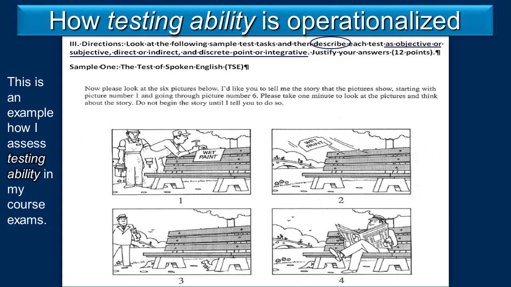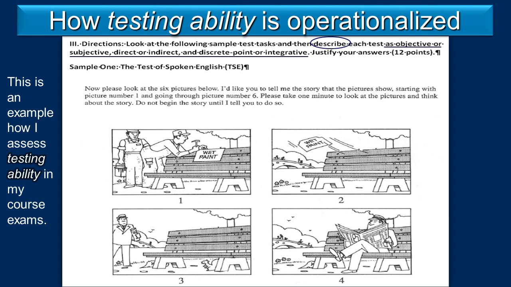And finally, of course, concerning the discrete point or integrative characteristic, we can say by the same token that if the test takers are required to tell a story in order to be able to complete the task, they will need to use different kinds of elements.